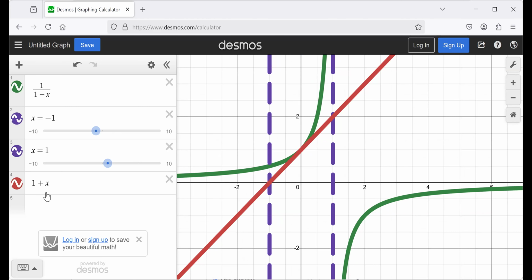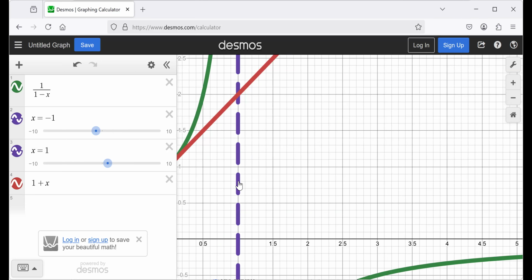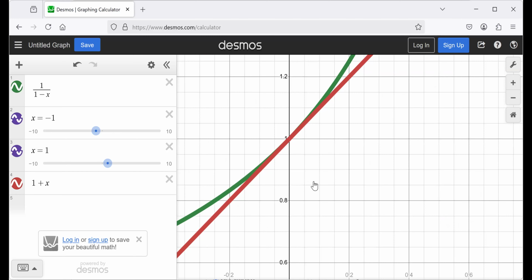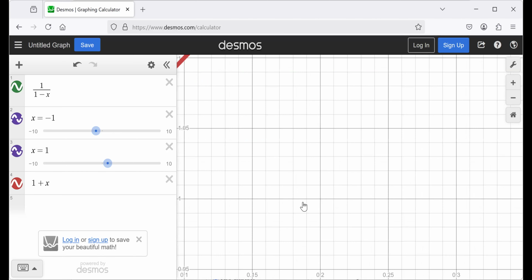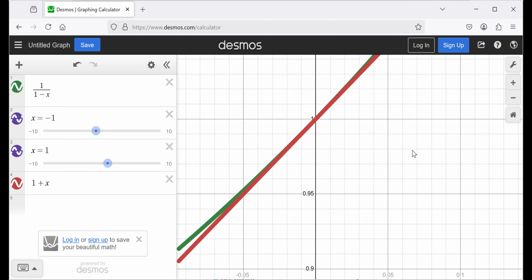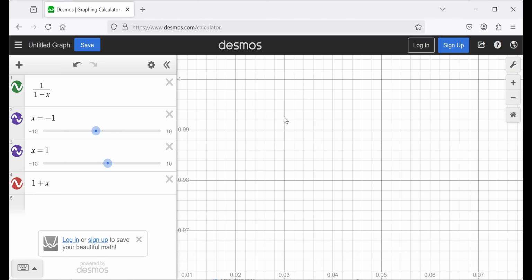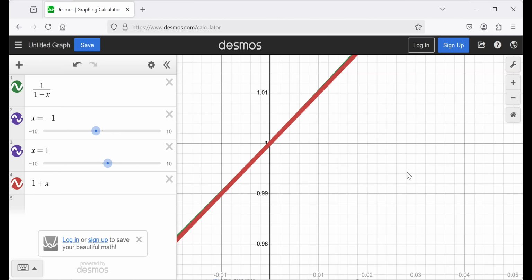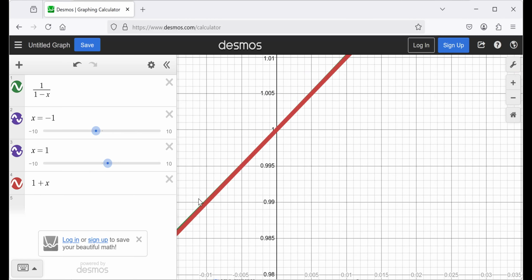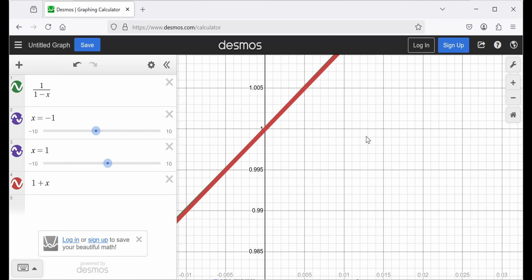Even though it's only 2 terms, the constant term and the first degree term, this is approximating this function pretty well. It's approximating this function around 0, around the origin.